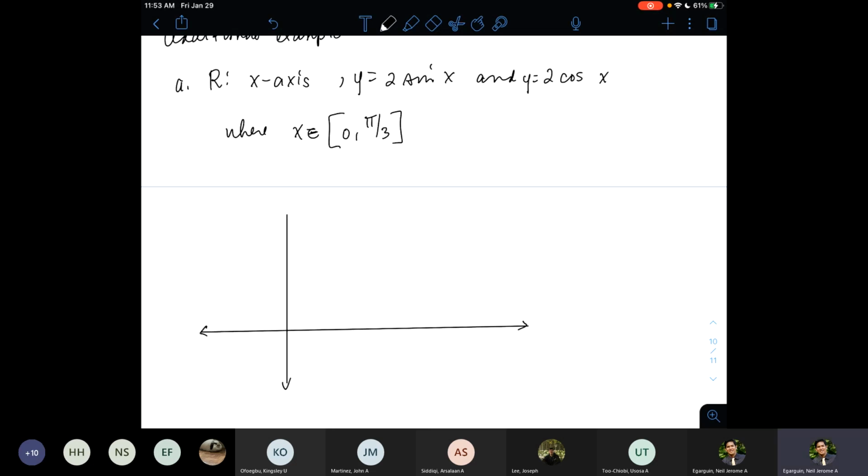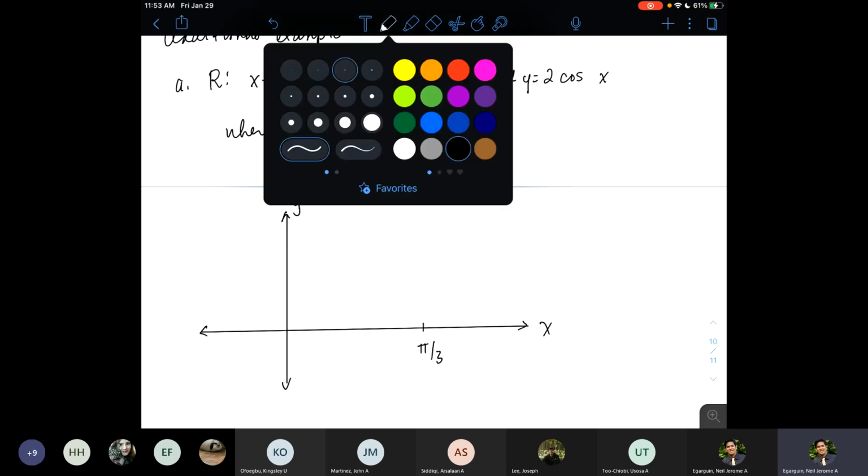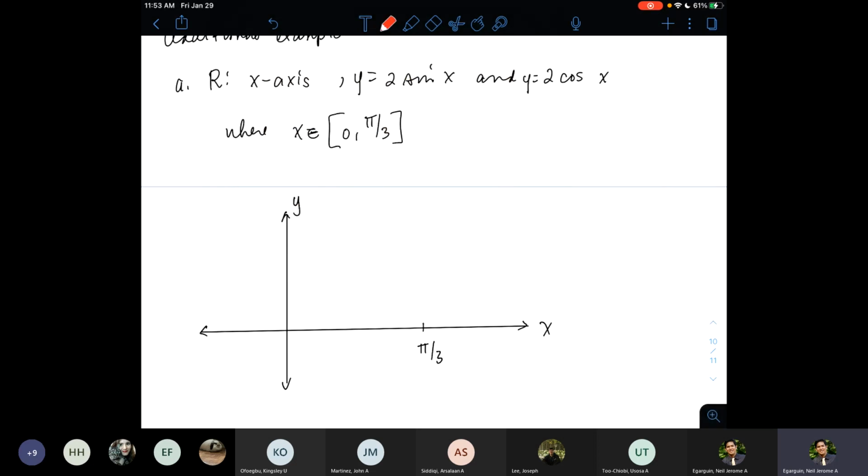The good thing here is that we are only concerned with the region starting from x equals 0 until x equals pi/3. So when x is 0, I'll start with the sine function. When x is 0, sine is 0. And then when x is equal to pi/3, sine of pi/3 is √3/2, right?